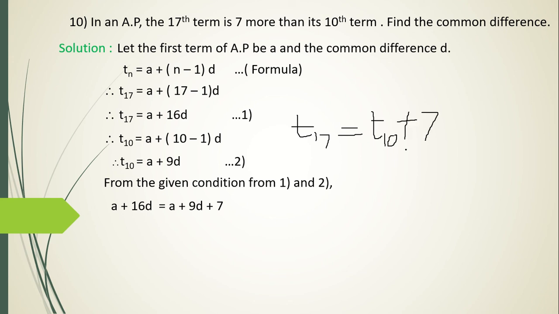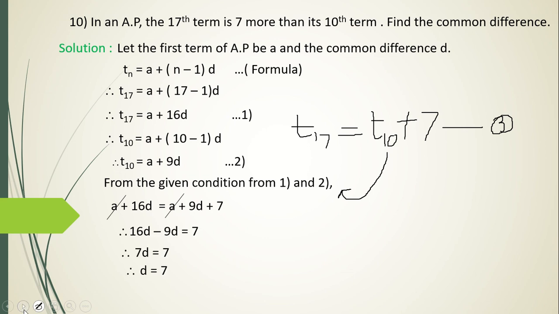As number 3 you can write this step, and then you can say from 1, 2 and 3, T17 is T10 plus 7. This is given in the question. So for T17 just put, for T10 just put, add 7. Then A gets cut. So hence we get 7D is equal to 7. Therefore the common difference is 1.